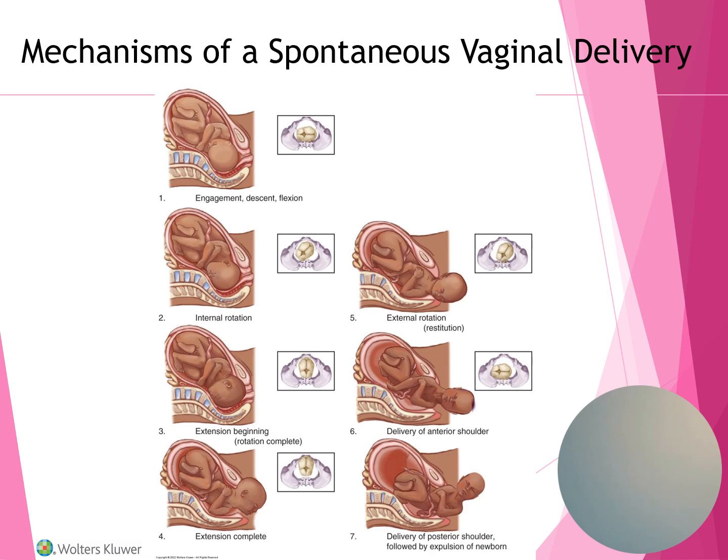So this is a slide that just shows you the cardinal movements as the fetus begins to deliver. So usually we have them in that lateral position. They begin to rotate and turn where the face is facing downward during descent through the birth canal.